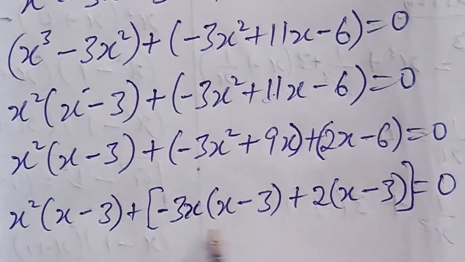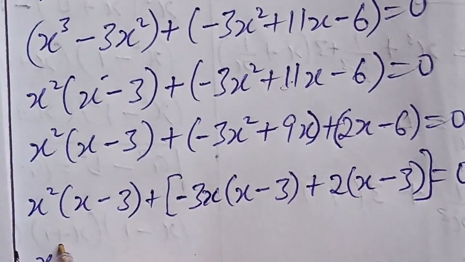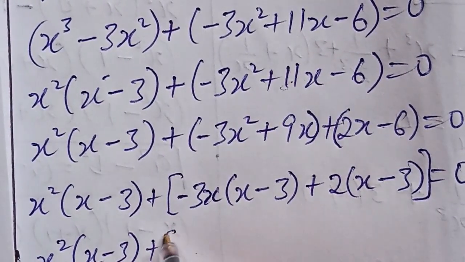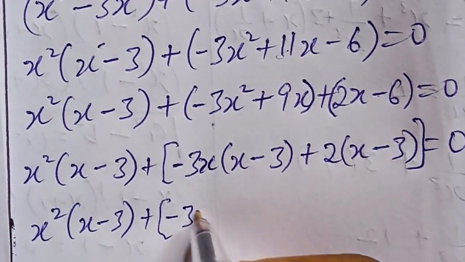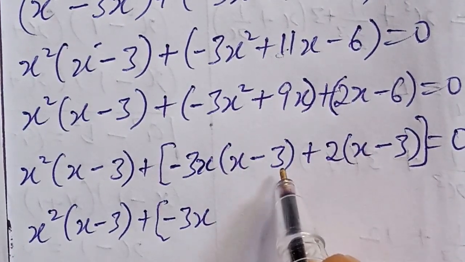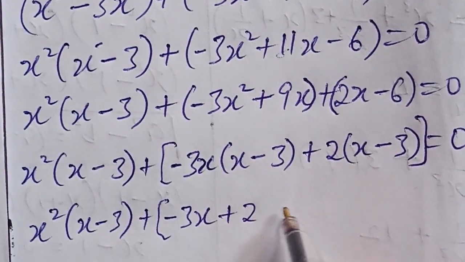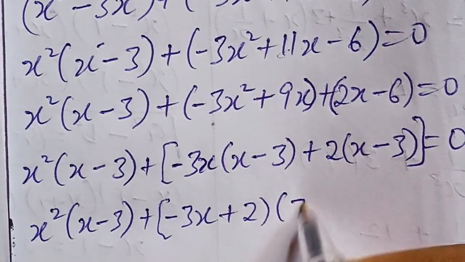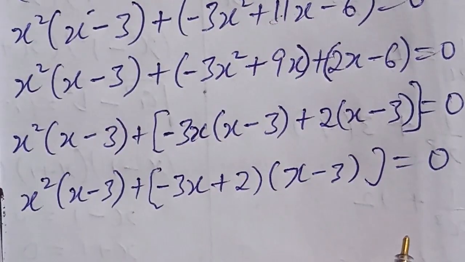So now this can be factored out. We have x squared into bracket x minus 3, close the bracket, plus, then we have minus 3x, and this is factored out as x minus 3. So this will have plus 2, then factor out x minus 3, then we have brackets equal to 0.